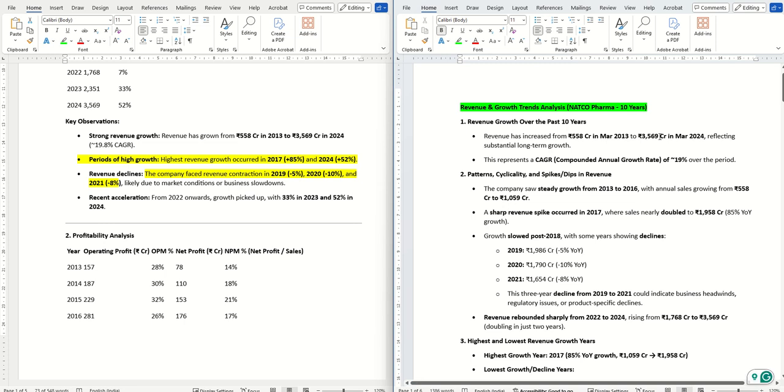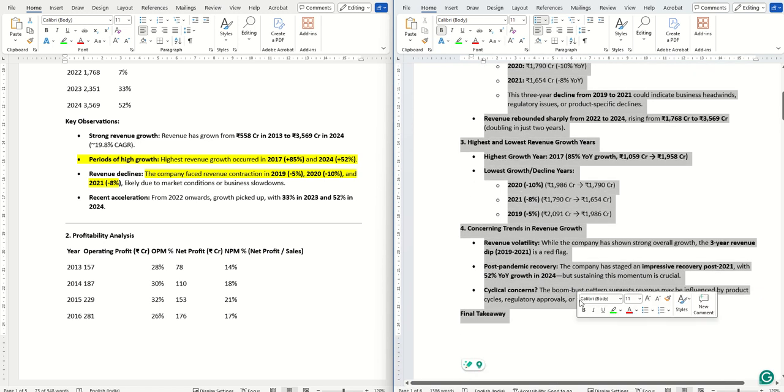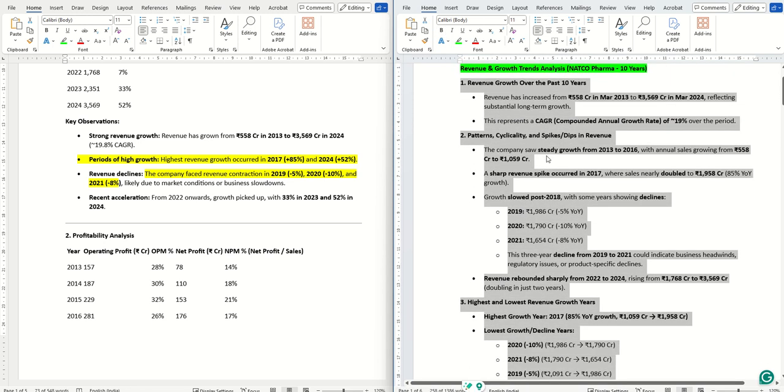But when I gave it individually, the output limit or restriction was different, and that's why I got a very detailed analysis of the revenue part. It's close to 1 page of analysis.